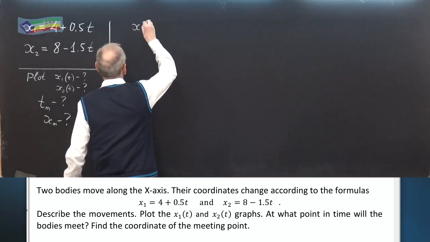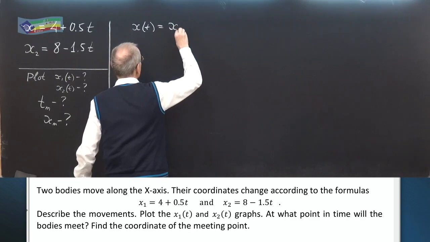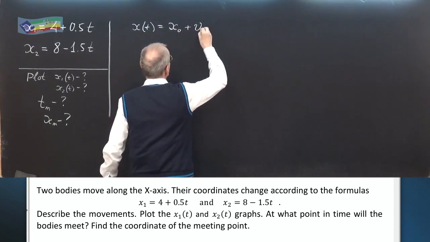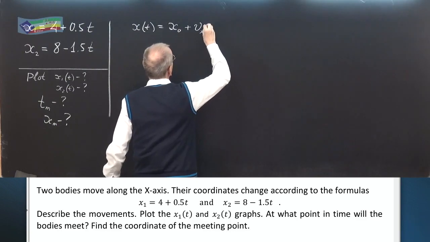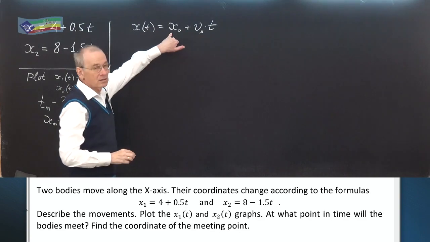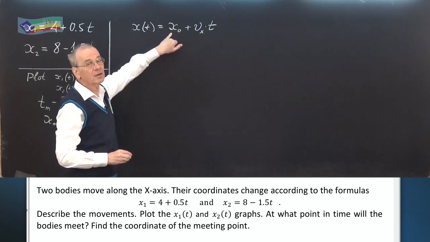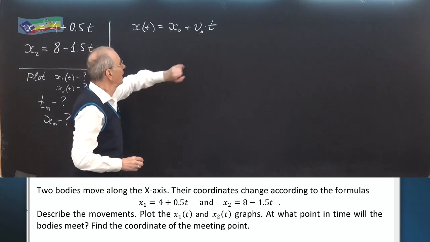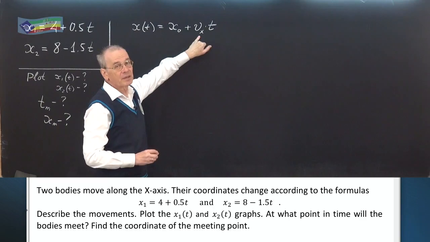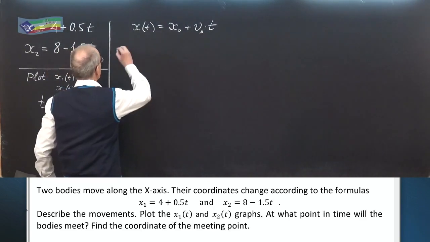X versus t equals x0 plus vx times t, where x0 is the initial position, the initial coordinate of a body. Vx is a component of the velocity of the body.